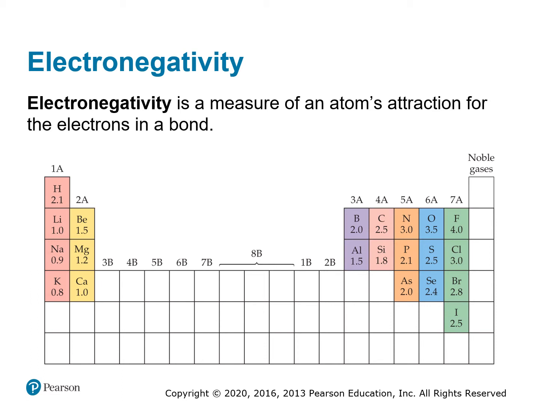Now moving to a new concept which is called electronegativity. Electronegativity is a measure of an atom's attraction for an electron in a bond. So here's a periodic table, and if I have to depict electronegativity in simple terms, I will show you like this.